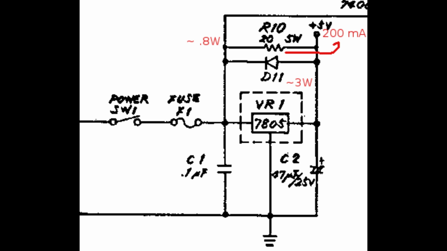The 20 ohms 5 watt resistor passes roughly 200 milliamps to the total 5 volt current and dissipates about 0.8 watts, and it gets hot too, along with the 7805 that dissipates approximately 3 watts of power.